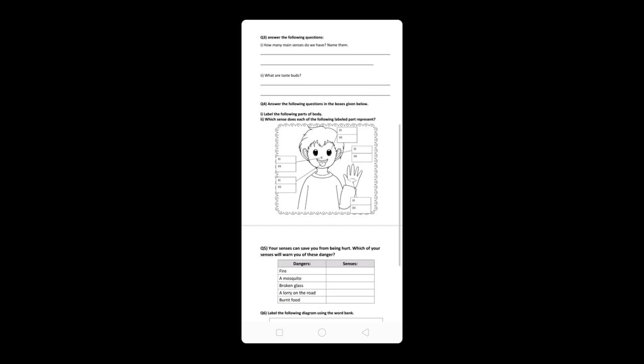Part number 1. Label the following parts of body. Part number 2. Which sense does each of the following labeled part represent? So you have to indicate in the first box which part of the body it is. Okay? Is it eye or nose or hand or ear or tongue? And in the second box you have to tell which sense that part of body represents.